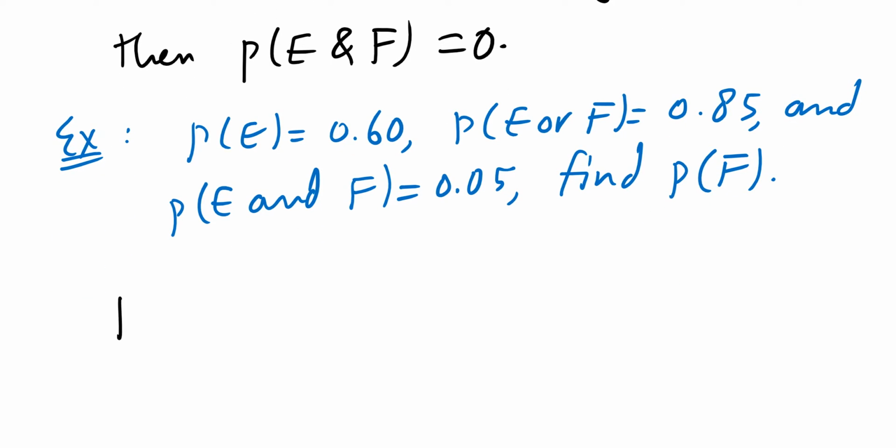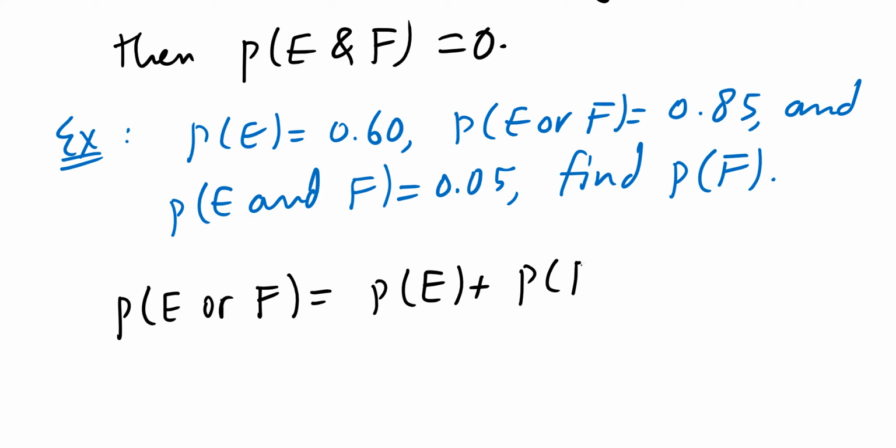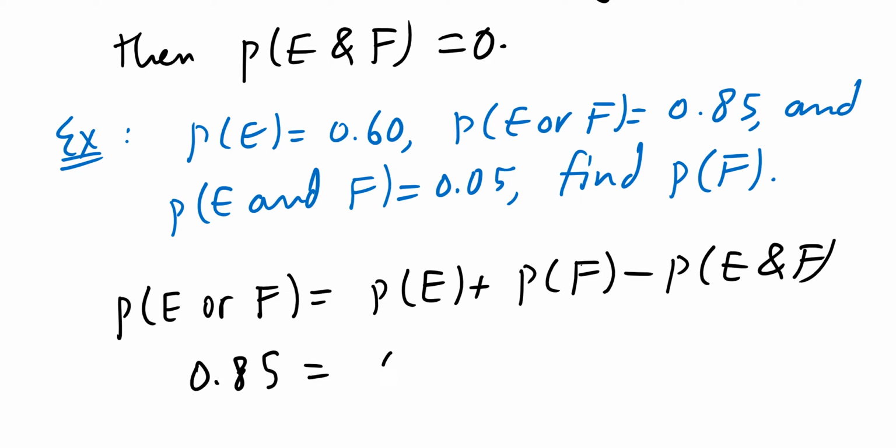Well, that reminds me of the general addition rule. The probability of E or F is the probability of E plus the probability of F minus the probability of E and F. The probability of E or F is 0.85, the probability of E is 0.60, the probability of F we don't know, we're looking for that, and the probability of E and F is 0.05.